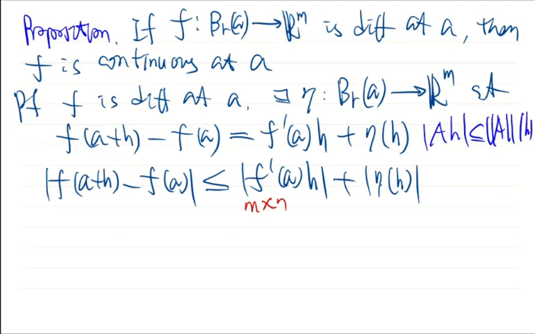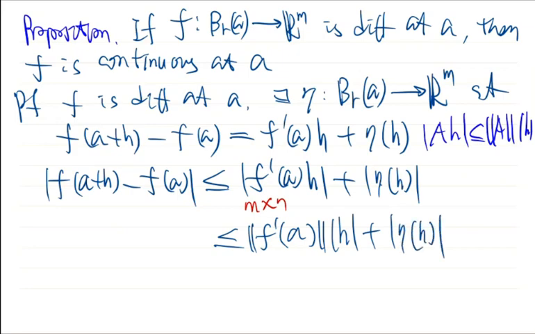By this property, the right hand side is not greater than the norm of f prime(a) times the norm of h plus the norm of eta(h). Since eta satisfies this condition, we know that as h goes to 0, eta(h) must go to 0.